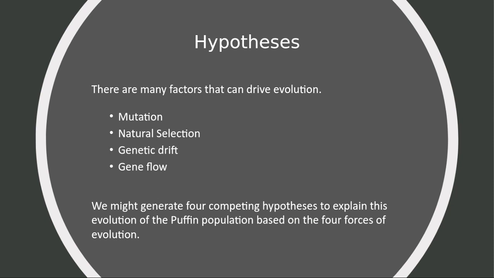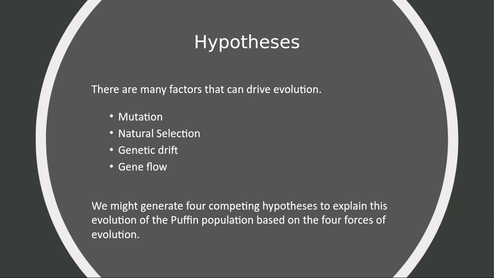So we can generate hypotheses to try and determine why there was evolution occurring in our flocks of puffins. So again, remember, there are many factors that drive evolution, and these include mutation, natural selection, genetic drift, and gene flow.